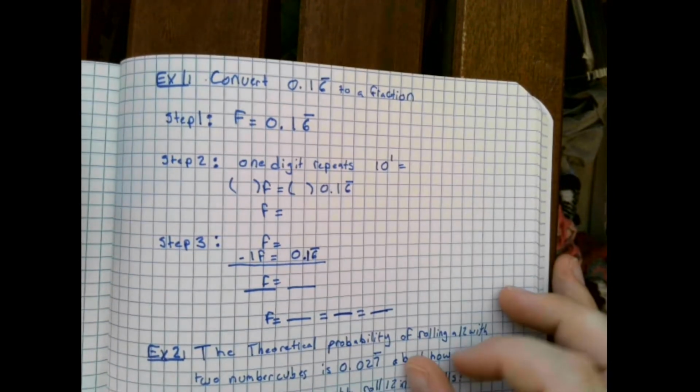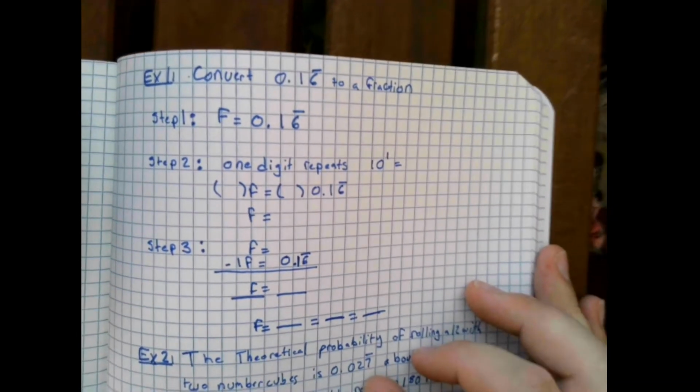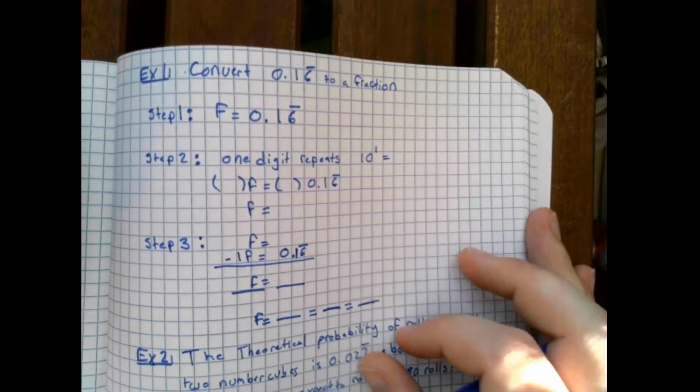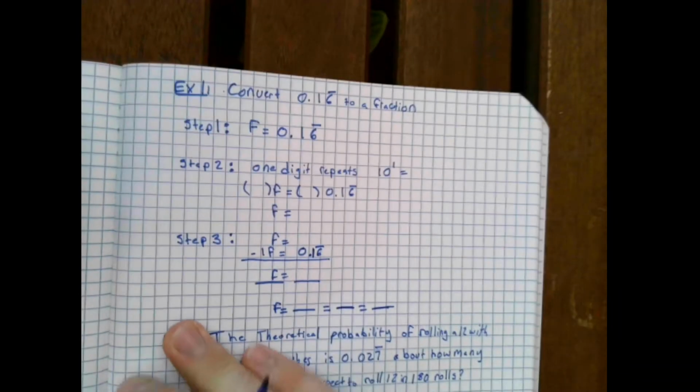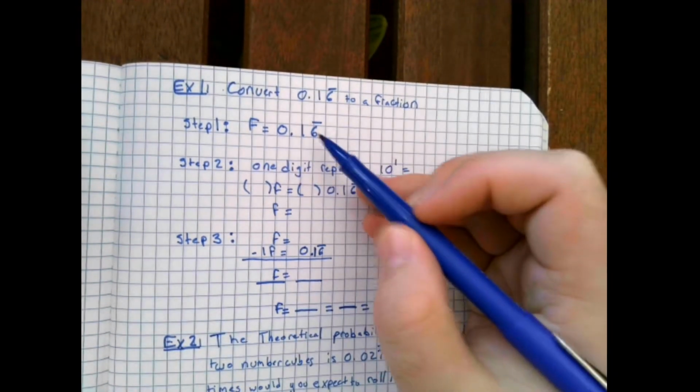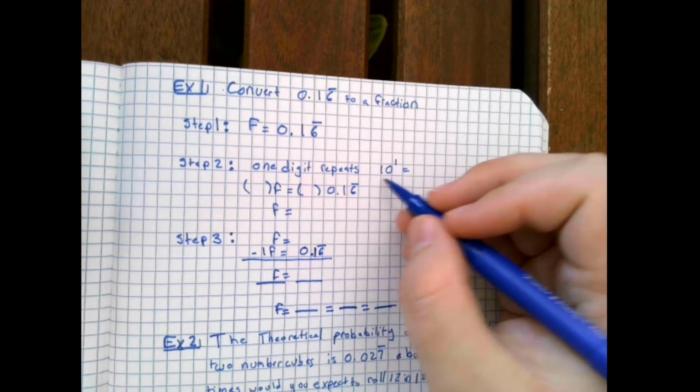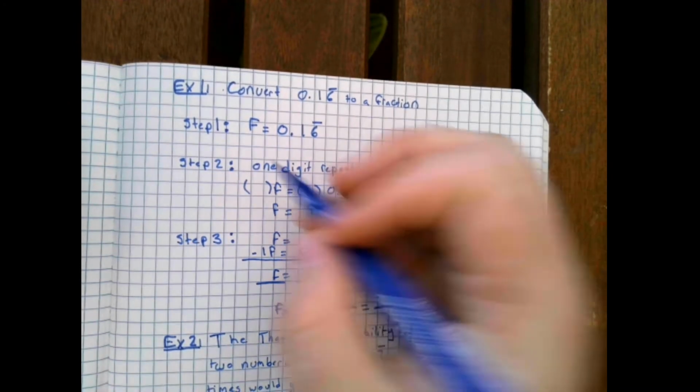So, example 1, very straightforward. Convert 0.16 repeating, where the 6 is repeating, to a fraction. Now, there's only one digit that repeats, so we're going to do 10 to the power of 1, which is 10.